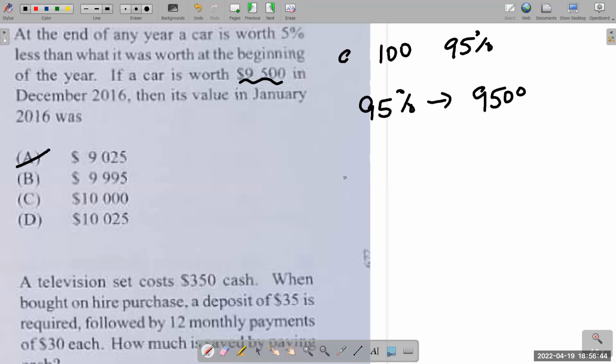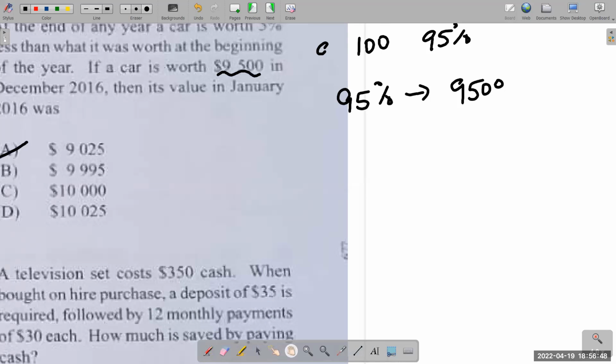Anybody see what CXC just did here? Anybody seeing this easy maths? How do you find what the car was at the beginning of the year? That means you want 100%. Just like in ratio, you put the two quantities that are equal, you find 1%. How do we find 1%? We divide by 95 on both sides. So 1% is equal to, because this is money, what is 1%? 1% is $100.